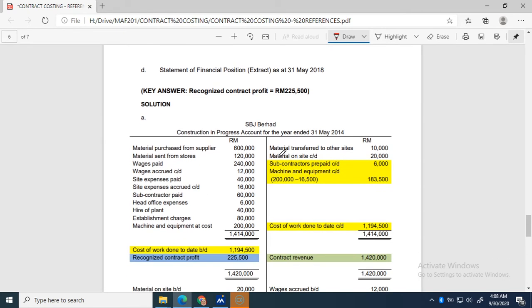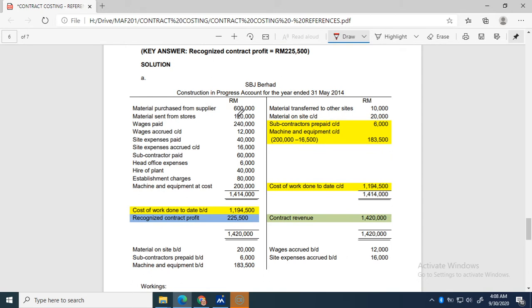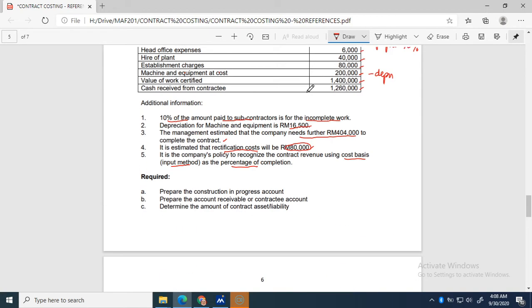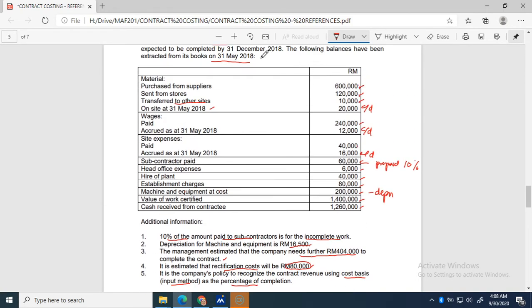Now we prepare CIP for the year ended 31st May 2018, because we close the date here.